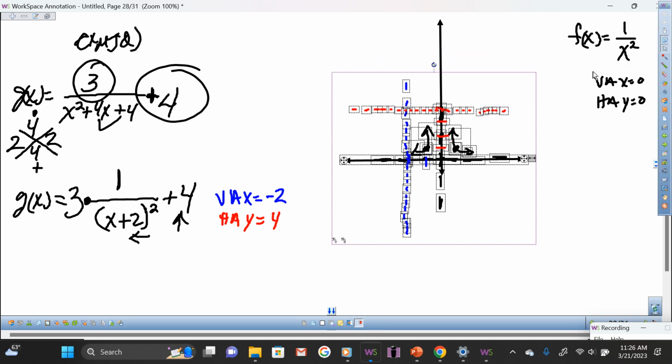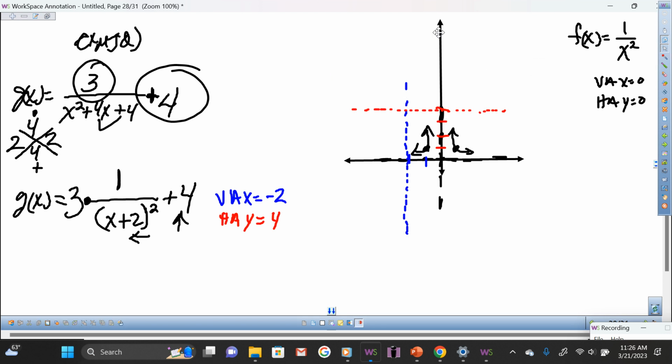Bring this down because mine's not going to fit. All right, so there they are.